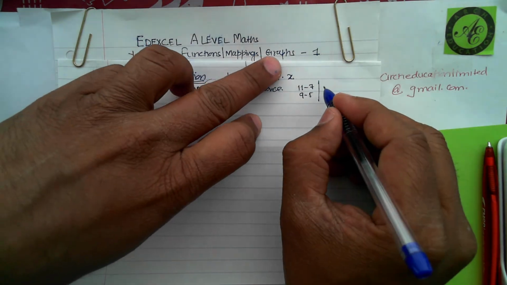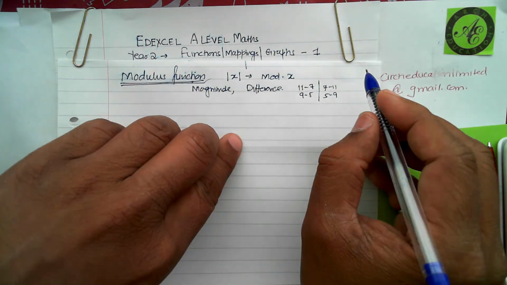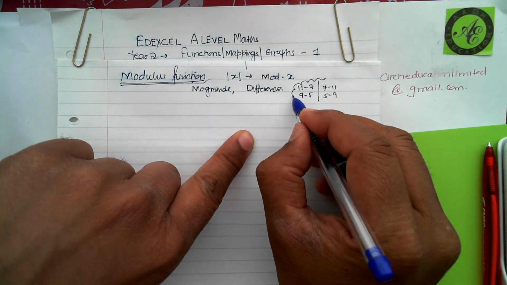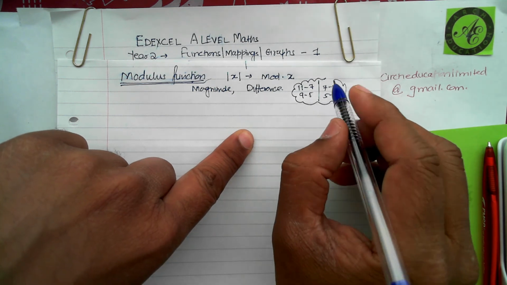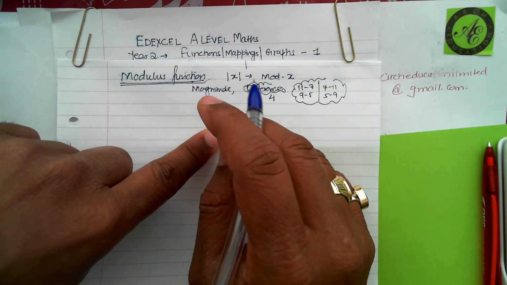But you can say it could be 7 take away 11 and 5 take away 9 as well. But we won't say the difference is -4, we say the difference is 4, and that difference is represented by modulus.